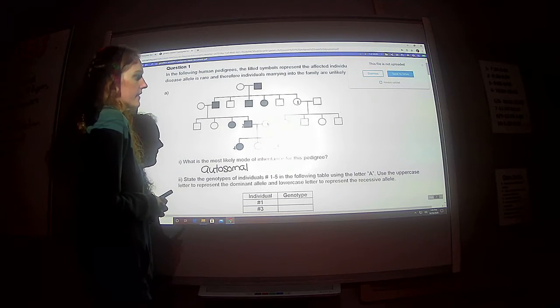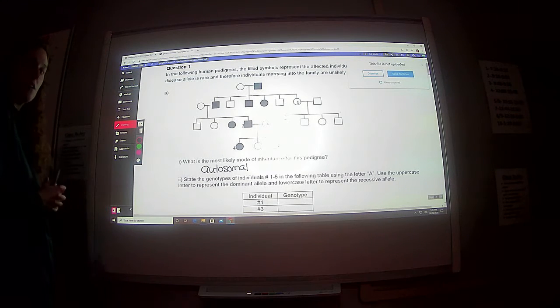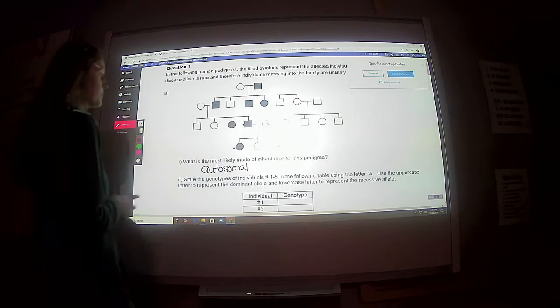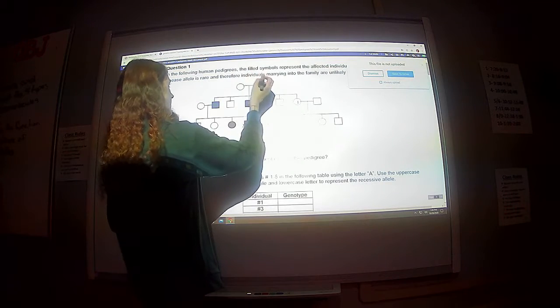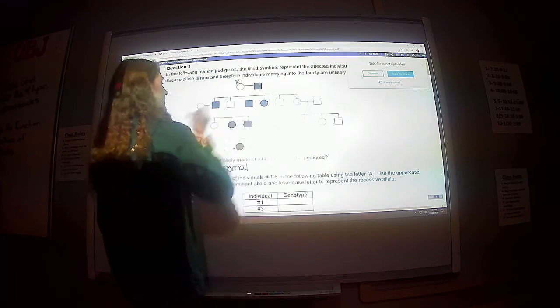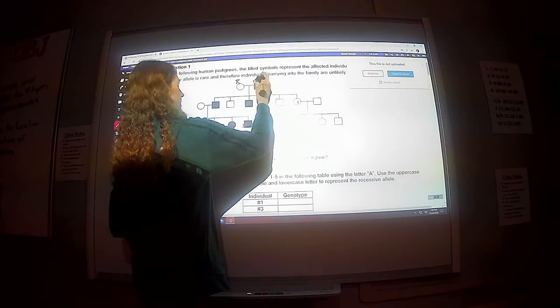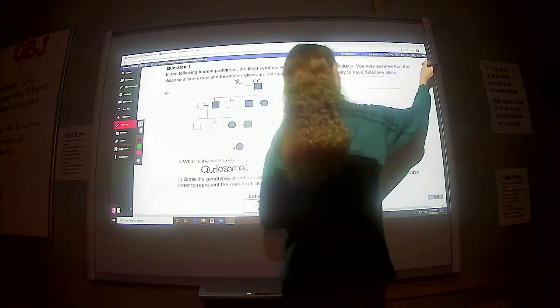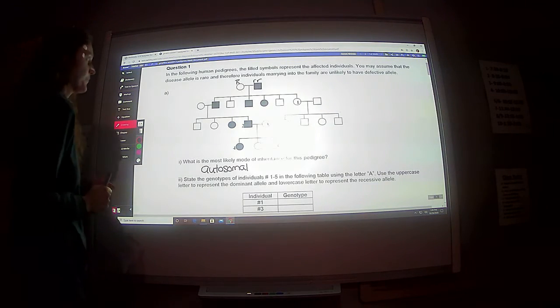So let's say that this disorder is going to be a recessive disorder, even though it doesn't actually skip generations. We'll just put that in our minds for a second here. That means that this lady would have at least 1 dominant allele, and this man would have to have 2 lowercase alleles. Let's see if that would work, if we're right or not.